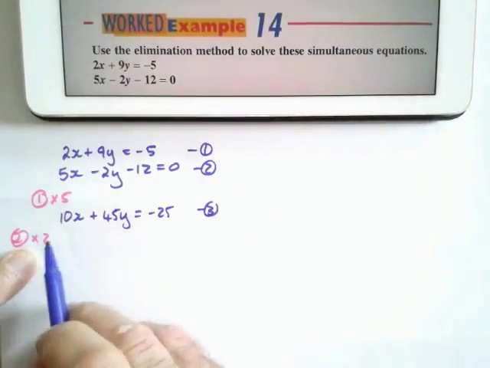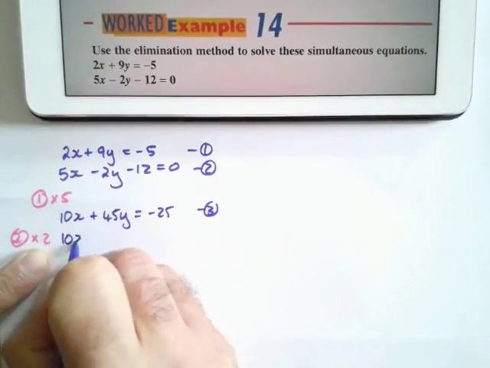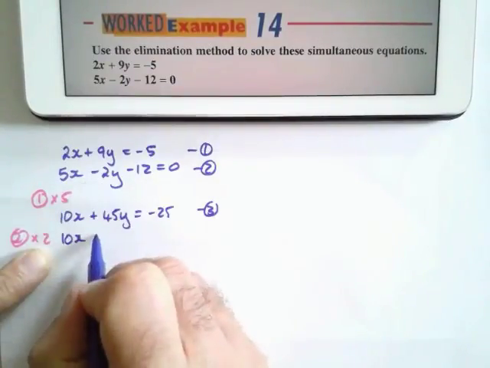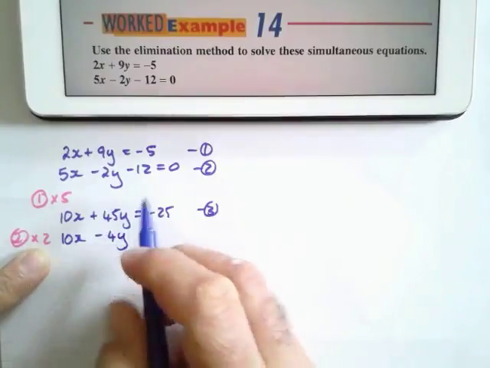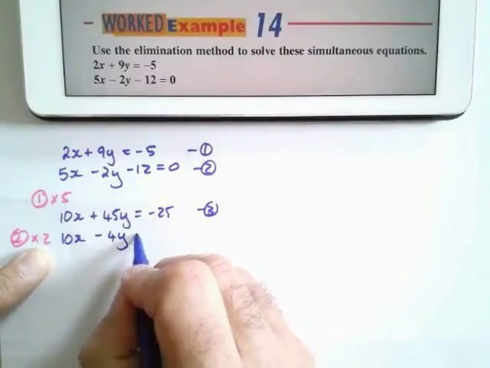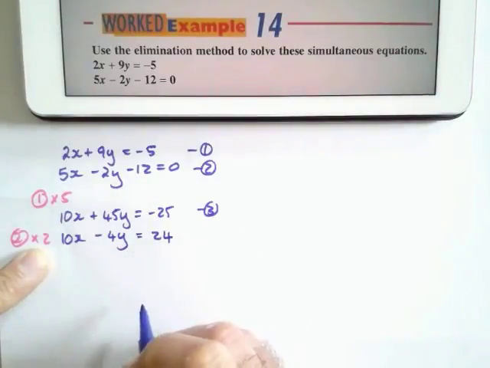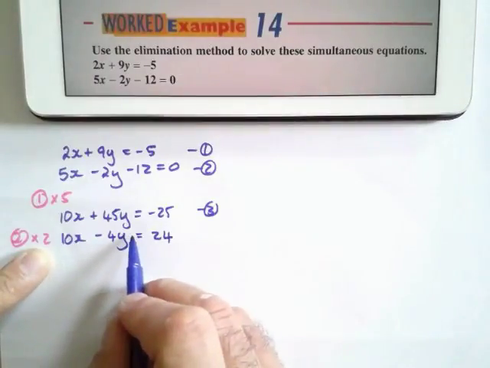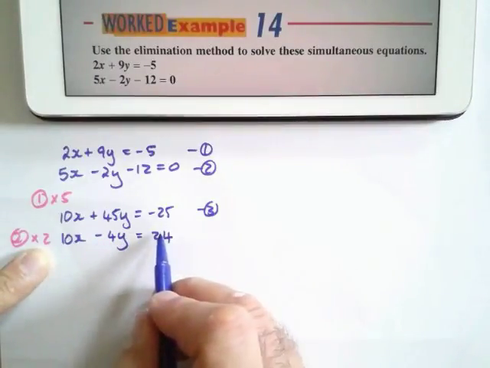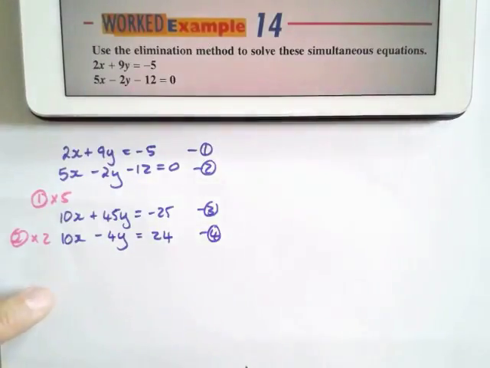So 2 times 5x is 10x. 2 times negative 2 is negative 4y. 2 times negative 12 is negative 24, which I take to the other side, that becomes plus 24. I'm going to call this equation 4.